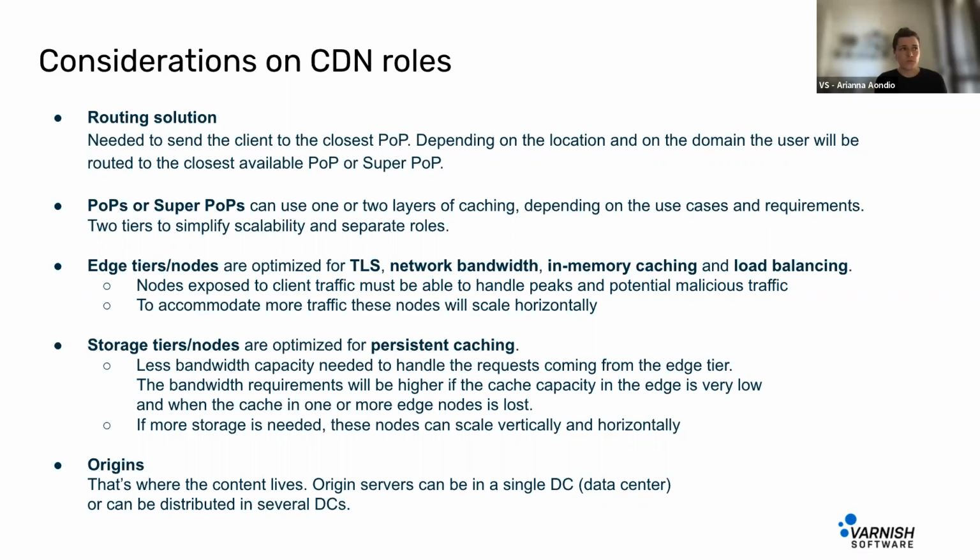This depends, of course, on the location and the availability of the different caching nodes of the different CDNs. Here again, we could resume the conversation we had initially around latency and geolocation of a routing solution.